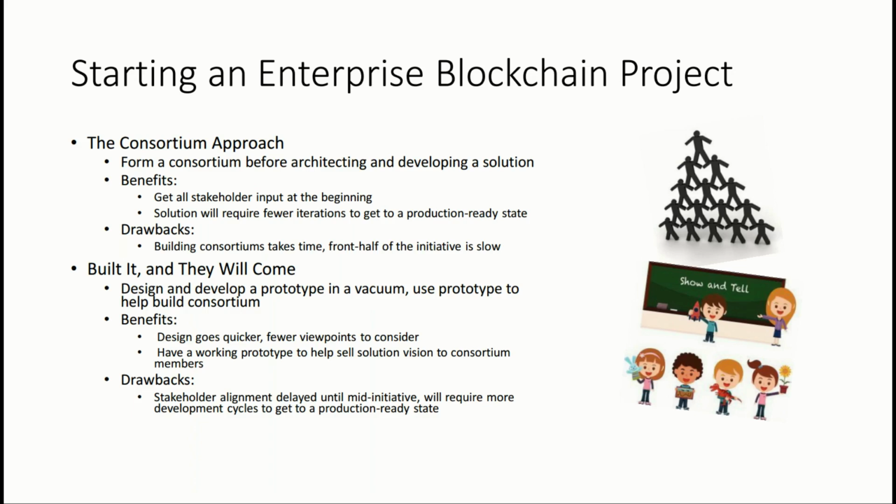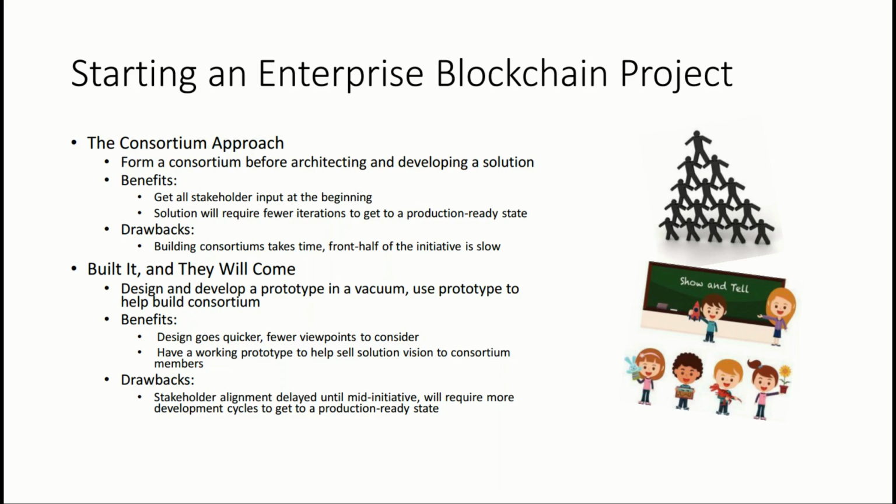On the enterprise side, you have some other concerns if you're going to dive into the blockchain waters. In general, there are two ways that a blockchain project or initiative starts over on the enterprise side. The first is what I call the consortium approach, and the second is the build it and they will come approach.